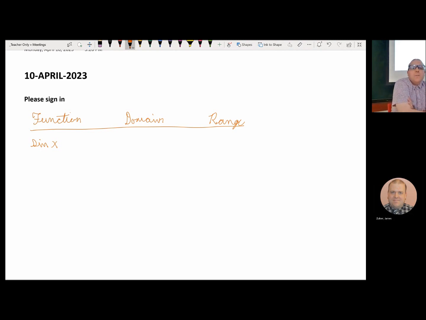Start with sine. We're going to restrict its domain to make it one-to-one. There are several ways to do this. The way that it was done was to go from minus pi over 2 to pi over 2. That would be the right half of the unit circle.